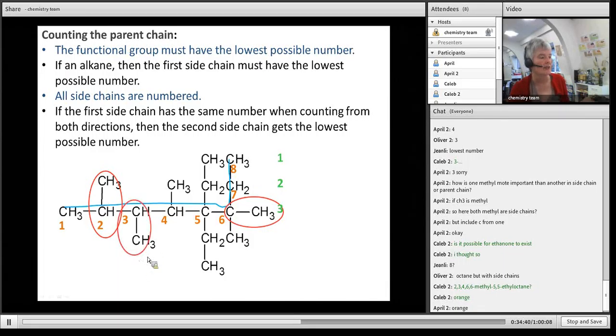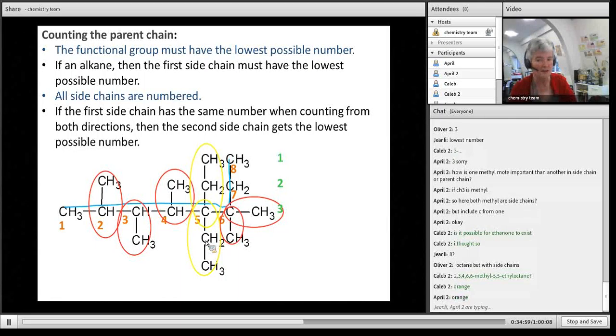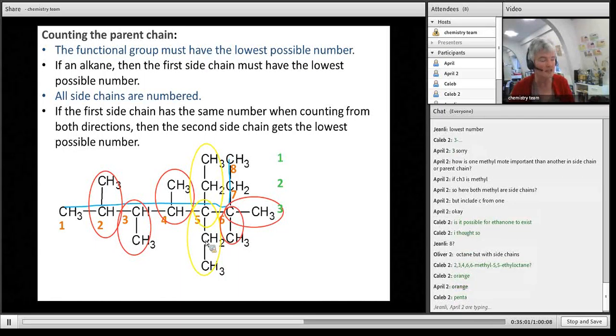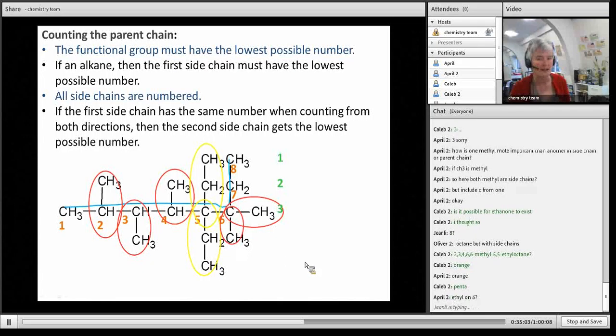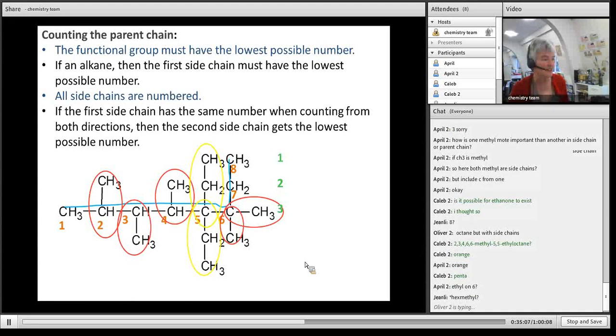I've got a methyl here, I've got a methyl there, I've got an ethyl there, ethyl there, a methyl there, and a methyl there. So I've got 5 methyls and 2 ethyl groups. You were pretty on to it, Caleb. There's just one thing or two things you didn't quite get right. Okay, correct. You've got to say how many side chains.